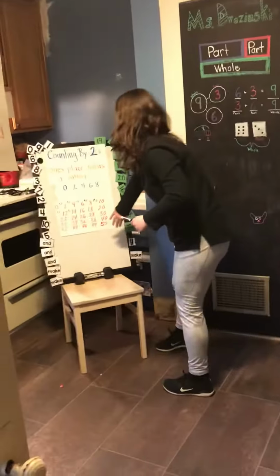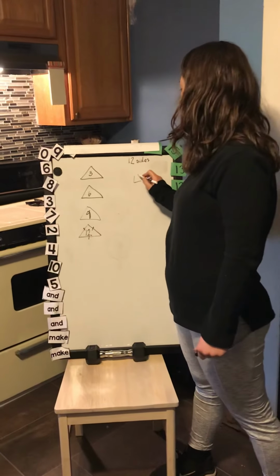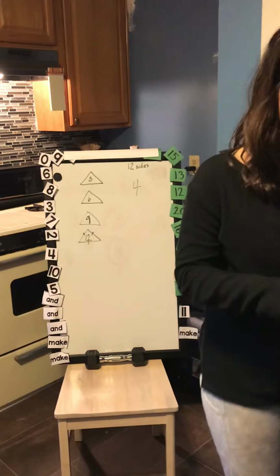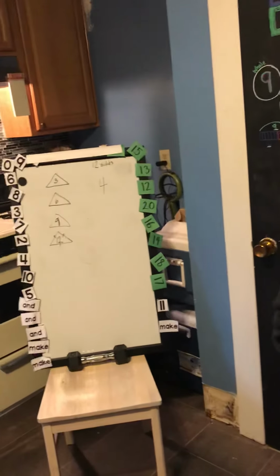Ooh, I'm getting close. I wonder how many more triangles I will need to get to 12 sides. 9, 10, 11, 12. Oh, I've reached my total. So how many triangles would there be if there were 12 sides that I counted? 1, 2, 3, 4. 4 triangles.